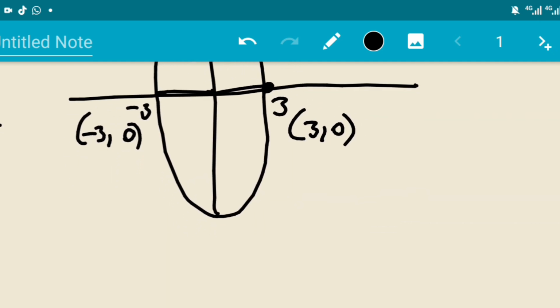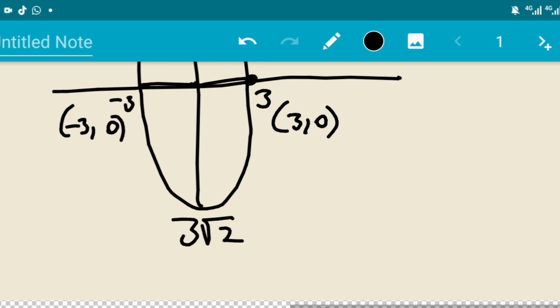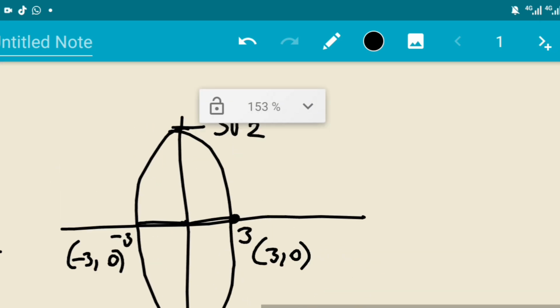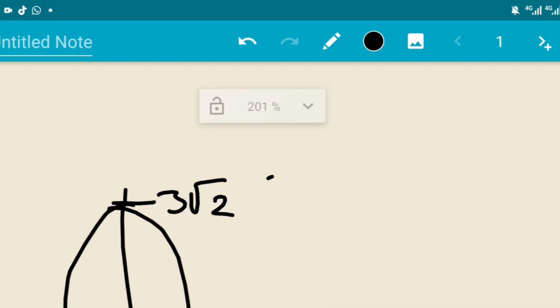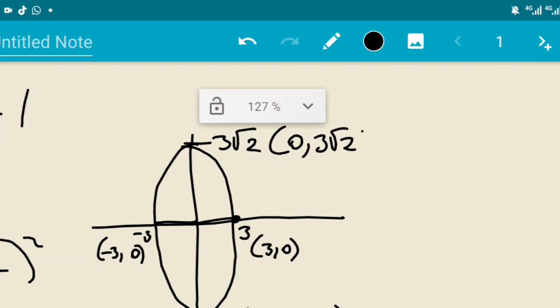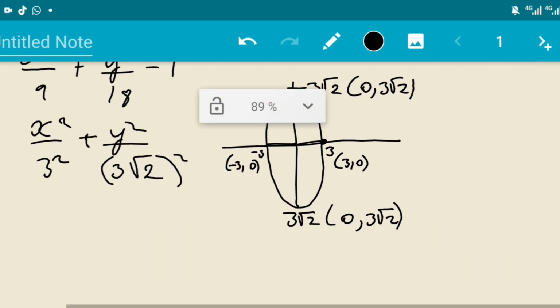It will be 3 times the root of 2. So the vertices for this will be x 0, in the y-axis, 3 times the root of 2. The same goes for the top. So for x, that would be 0. For y, it will be 3 times the root of 2. We close. So there we have it.